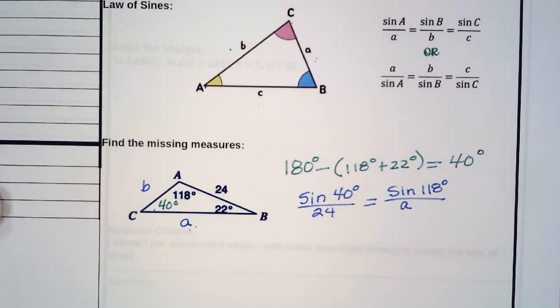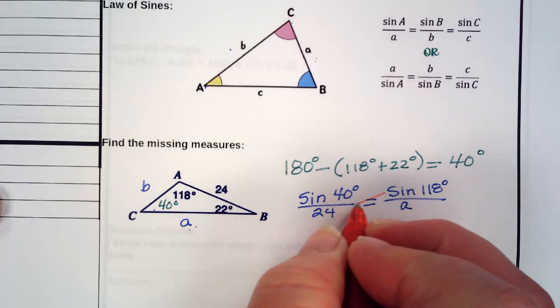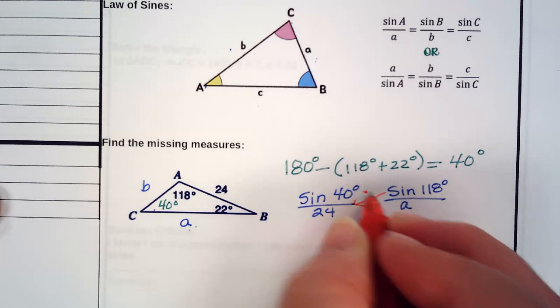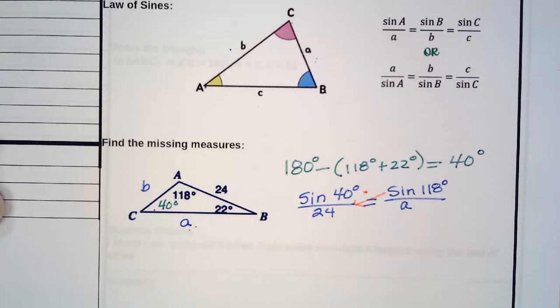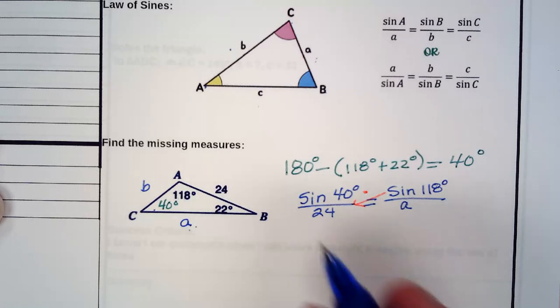Remember how you do that cross multiplication? You multiply on the diagonal and then divide going up. Putting it in the calculator, you have got to remember your parentheses.